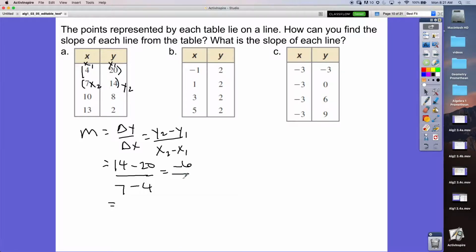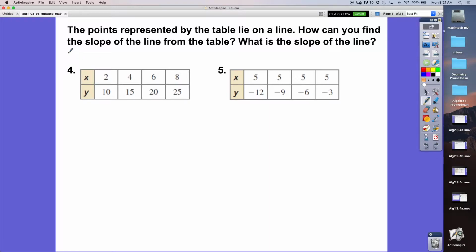Negative 6. Okay. What's 7 minus 4? 3. Negative 6 over 3 is? Negative 2. Good. So my slope is negative, which means that this line, if I were to graph it, should go downhill.